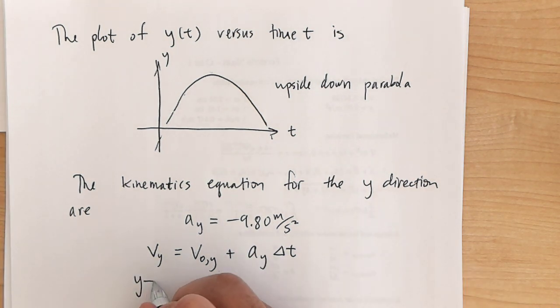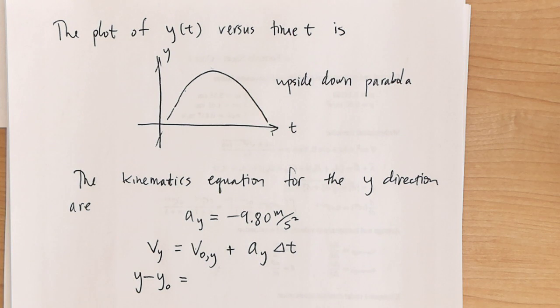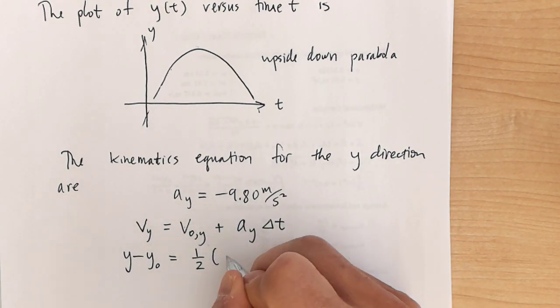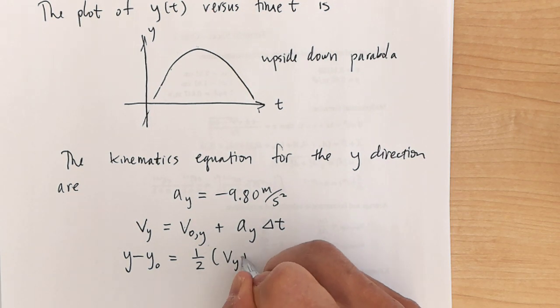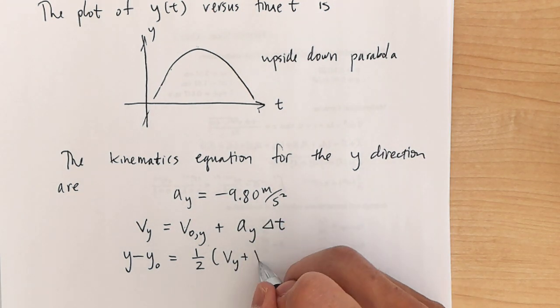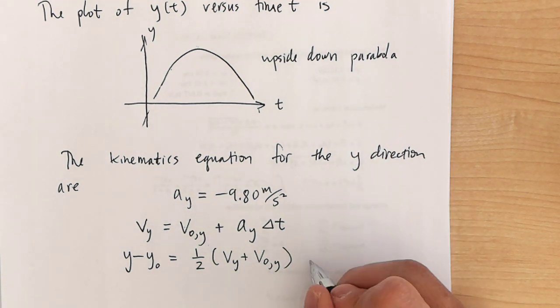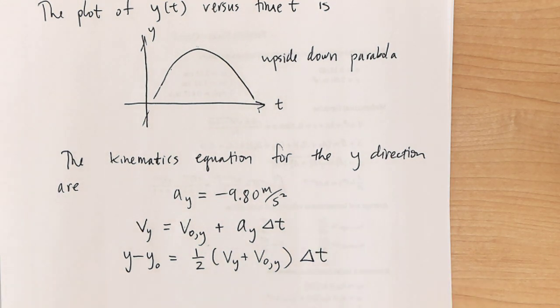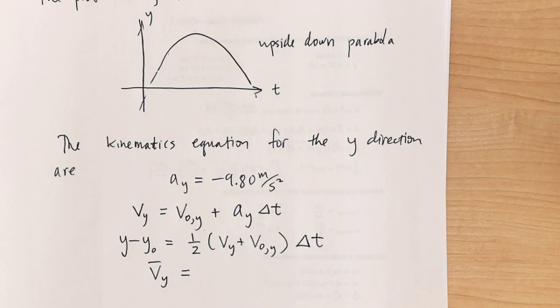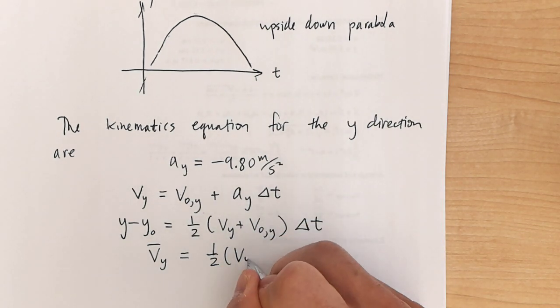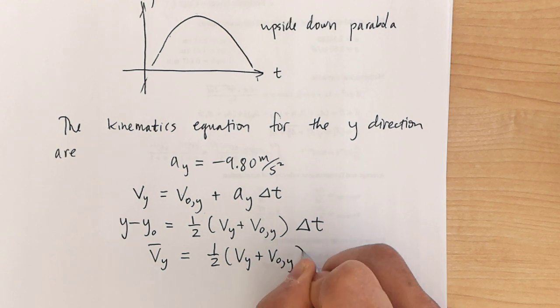The displacement, the change in the y position, is equal to 1/2, or the average, of the y final and the initial, times delta t. We had another formula that the average velocity, we derived this as well, was 1/2 (vy plus v0y).